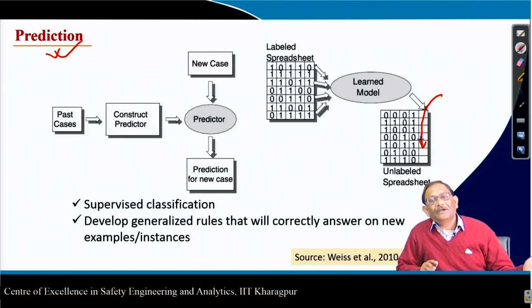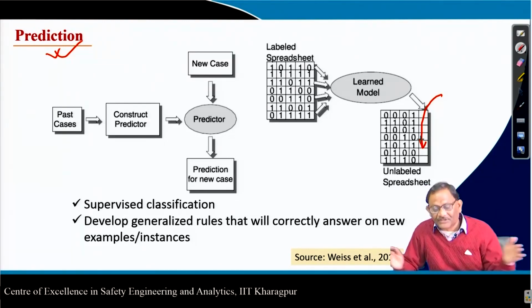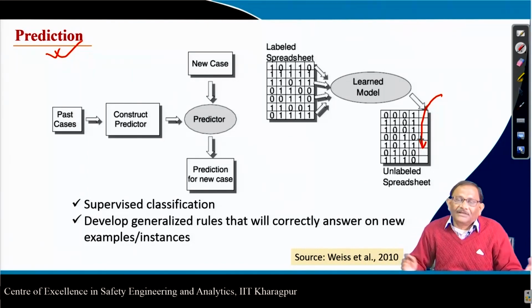In addition, if you have structured data from other sources matching with these variables or attributes, they can be taken, and finally the entire data set will be used for prediction.